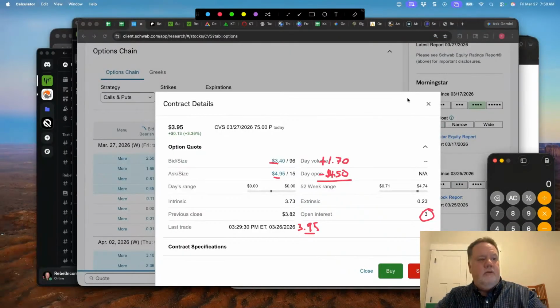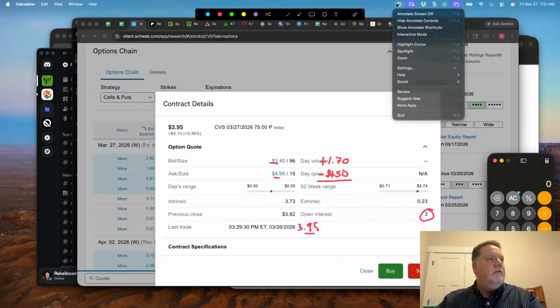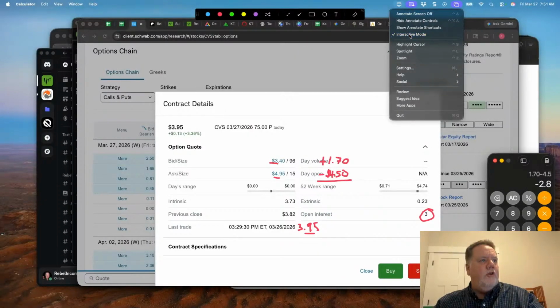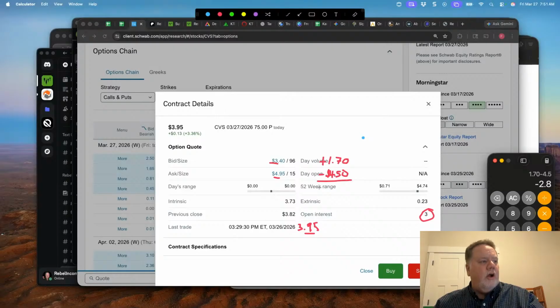All right. $1.70 minus 450. So the net loss I'd be absorbing here is $280. I sold one contract.